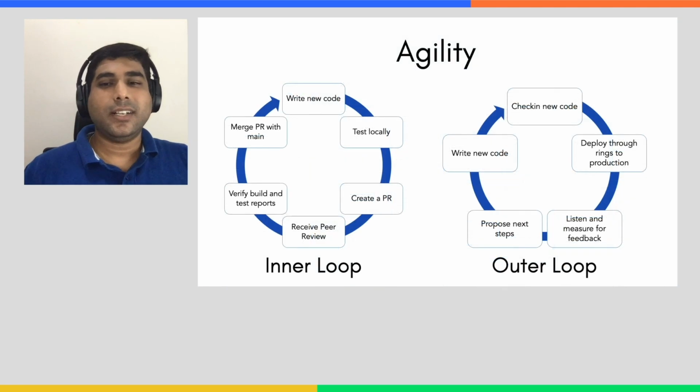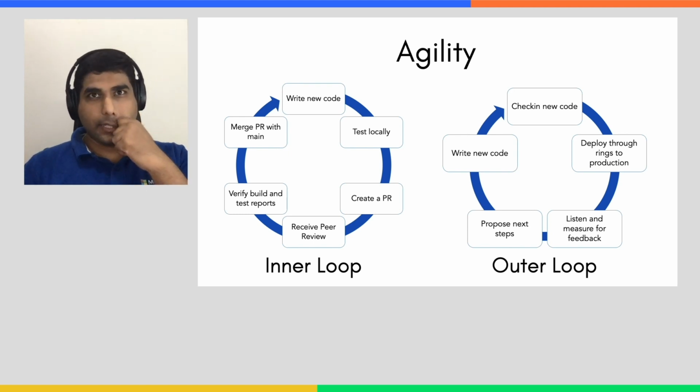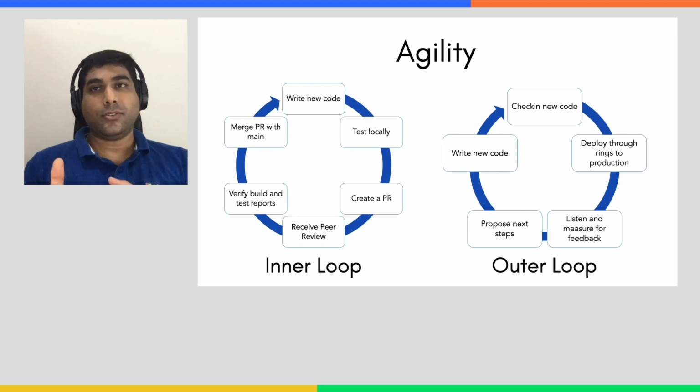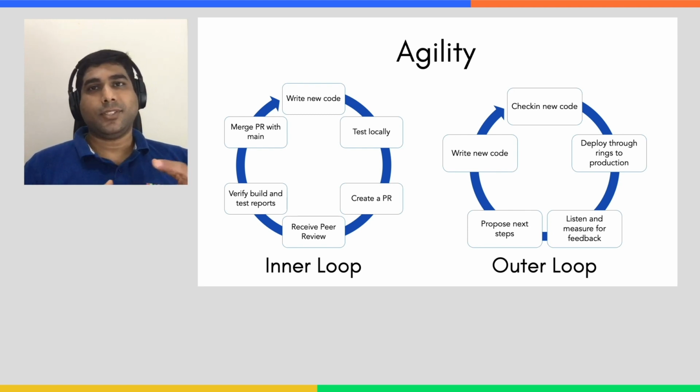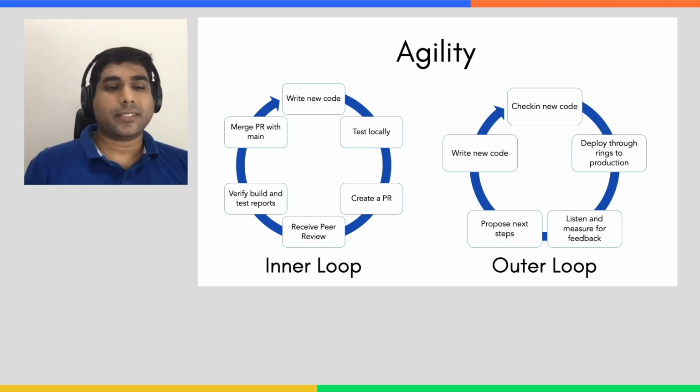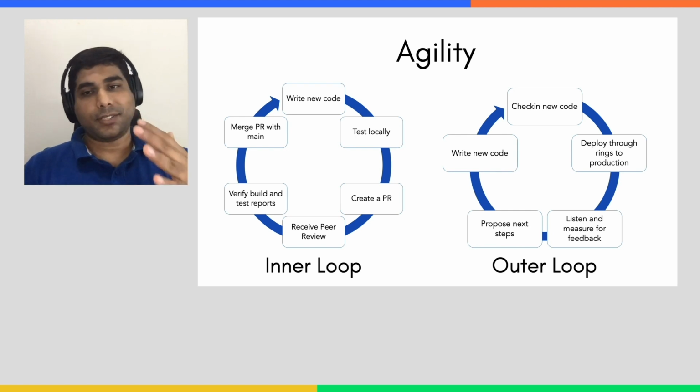Now let's look at what we do as a developer when we're developing something like a people card. If we visualize our agility, we can see it is something like this. We can break it into two loops, the inner loop and the outer loop. The inner loop is more of a daily routine where you write new code, test it locally, create a pull request, verify build and test reports, and merge it with the main branch.